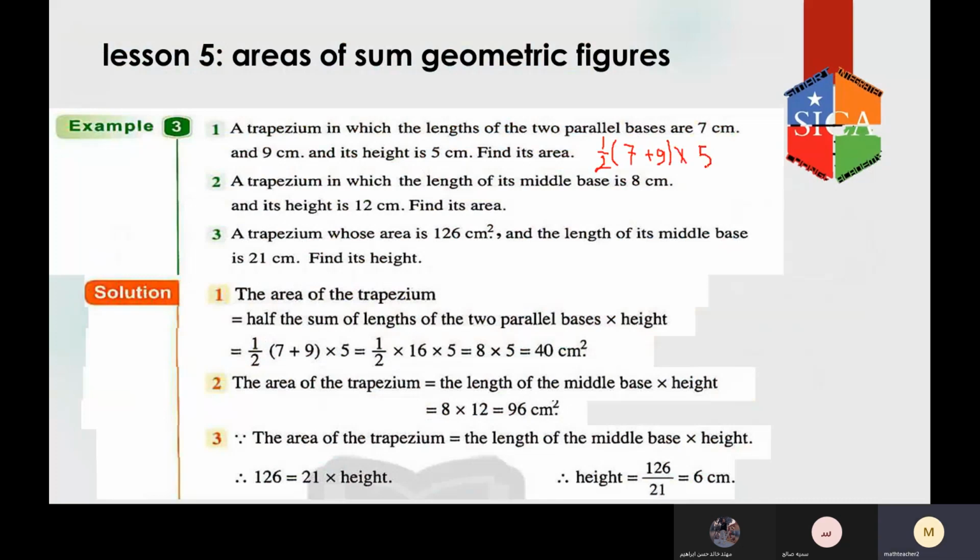Half times 7 plus 9 equals 16. Half of 16 is 8, times 5 equals 40 square centimeters.